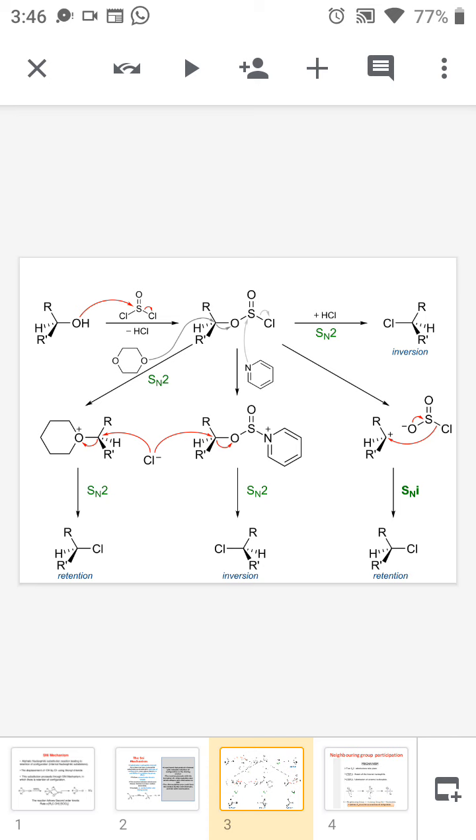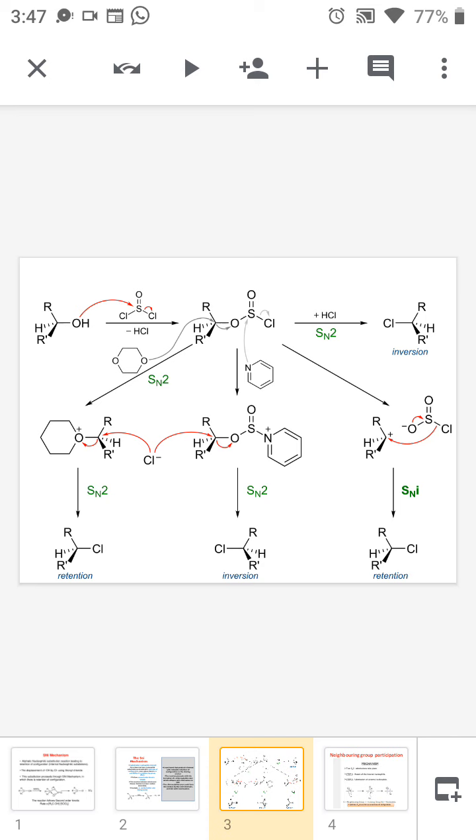So please keep in mind that we usually use thionyl chloride for generating the SNi mechanism, but the medium influences the reaction, and if you are using pyridine as the medium, we will get an inverted product. This is mainly because the reaction proceeds through an SN2 reaction.